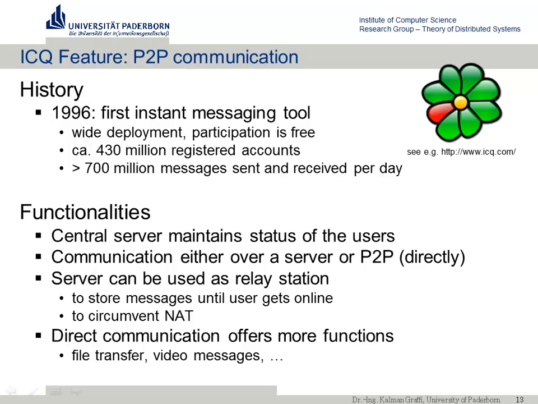If you compare it to Skype, Skype also uses this relaying, using other people's PCs for NAT circumvention. But ICQ also stored the offline messages, so while the users were offline, the messages were stored, something that Skype doesn't do.